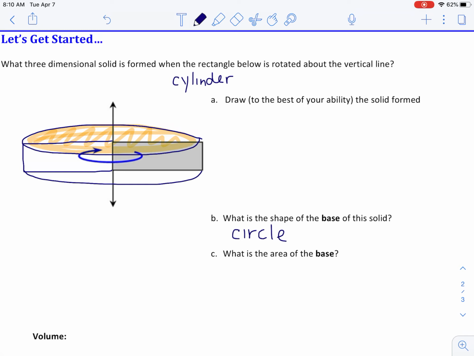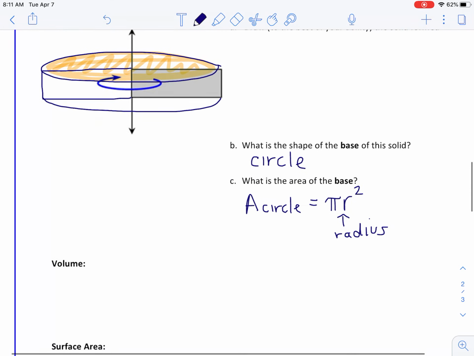And hopefully, as a quick review, what's the area of a circle? The area of a circle is pi r squared, where r is the radius. And pi is just the number 3.14159. Some of you memorized a lot more of that in middle school.